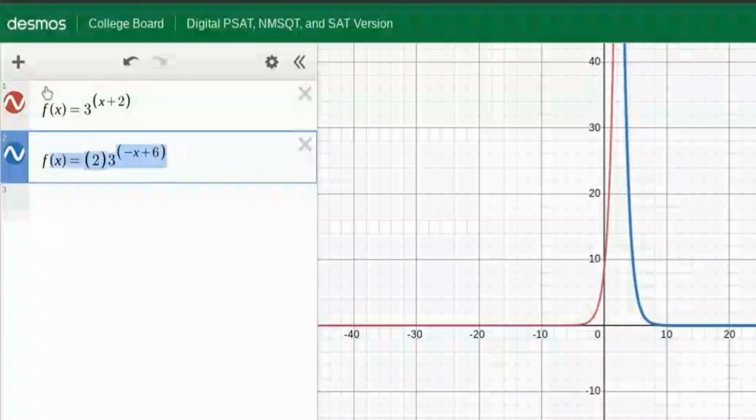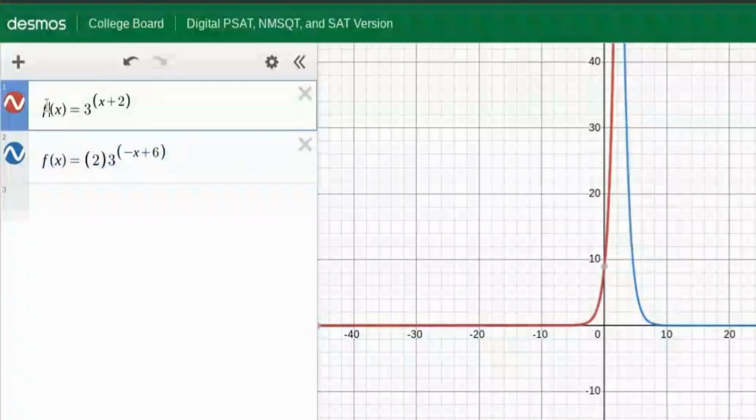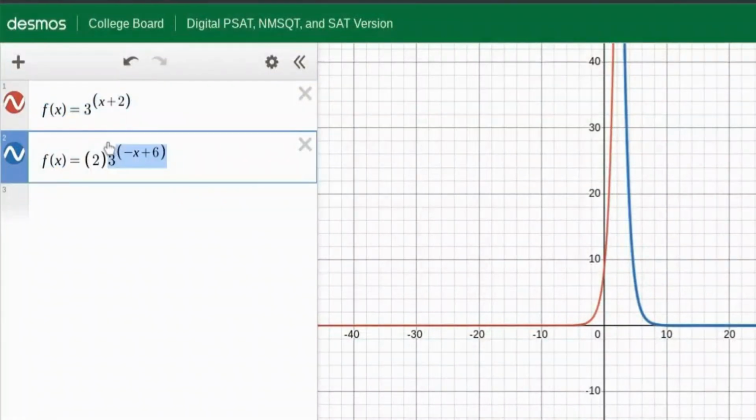So essentially, this is what this function would look like if it was moved over 6 units to the left and then also vertically stretched by a factor of 2, and then also reflected over the y-axis.